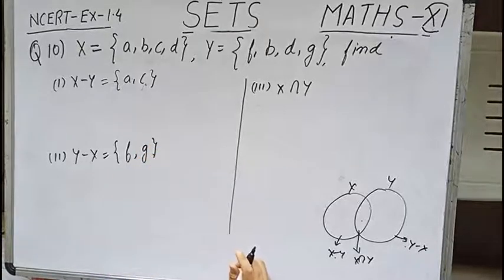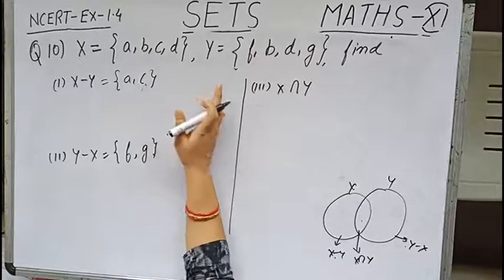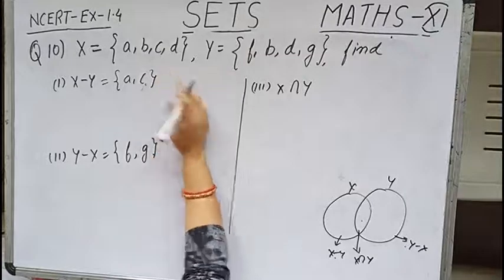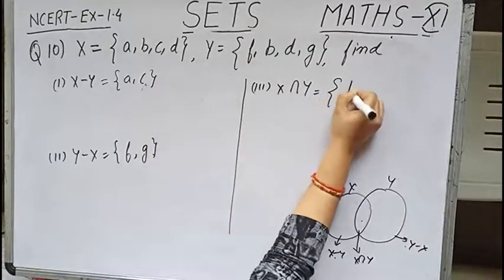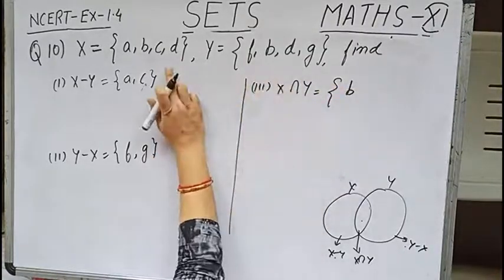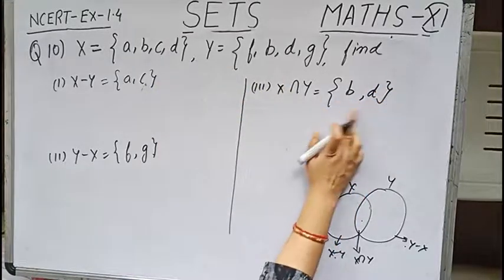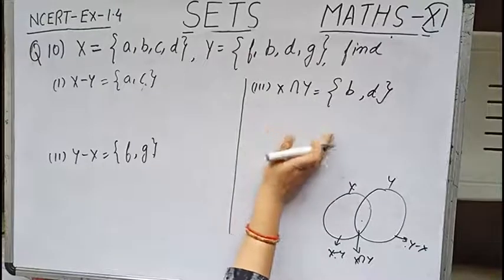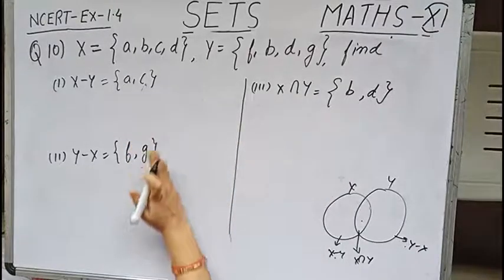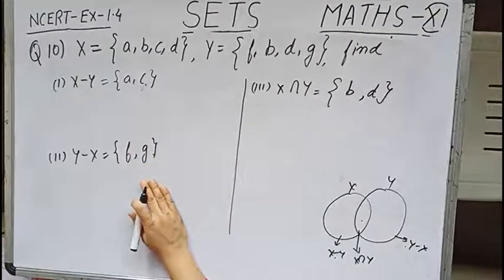Now x intersection y, the elements which are common to x and y: a is not there, b is there, so let us write b, c is not there, d is there, so x intersection y is set containing b, d. x minus y is set containing a, c, and y minus x is set containing f, g.